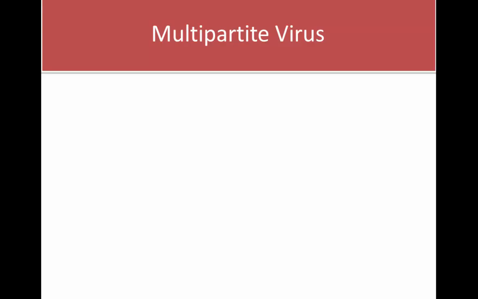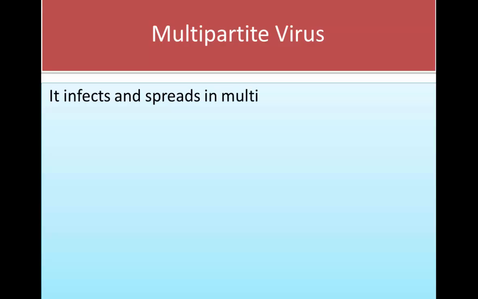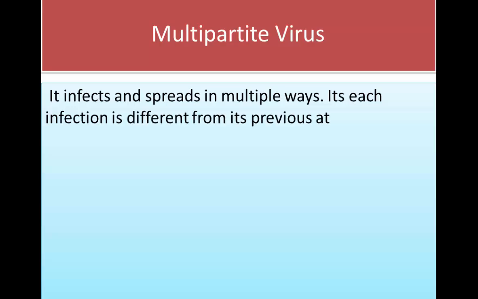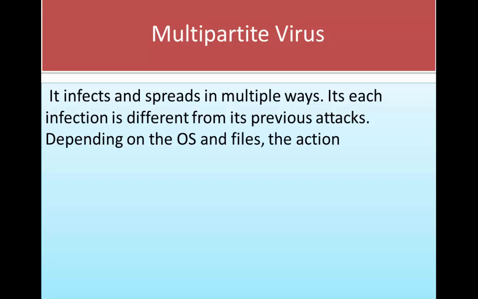So what is this virus? It infects and spreads in multiple ways. Its infection is different from its previous attacks. Depending on the operating system and file, the action of this virus may differ.